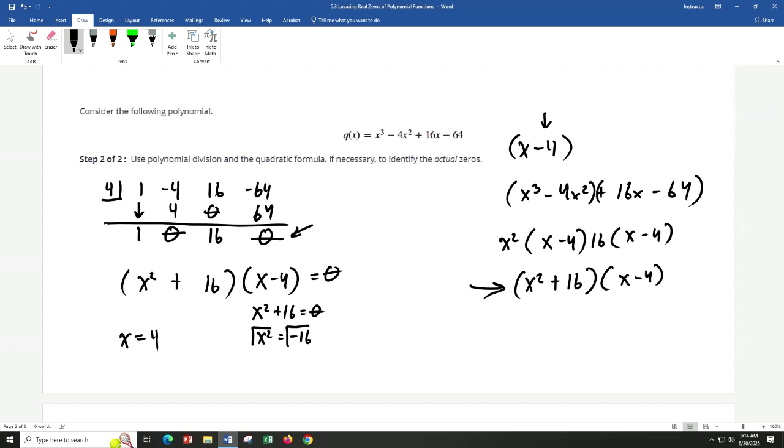Square root of both sides. What do I do when I do a square root? You got a plus or minus. And so I get x is also equal to, hey, you got to pull out that negative, don't you? And that becomes i. Put my plus or minus there. What's the square root of 16? There's all your zeros right there. One of them was a real number, but two of them were what? Imaginary. They were complex numbers.